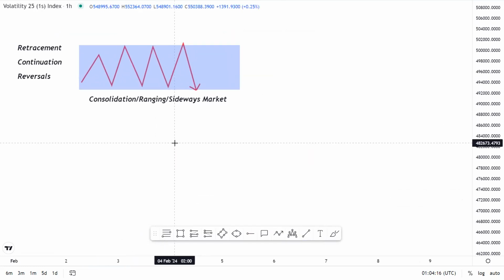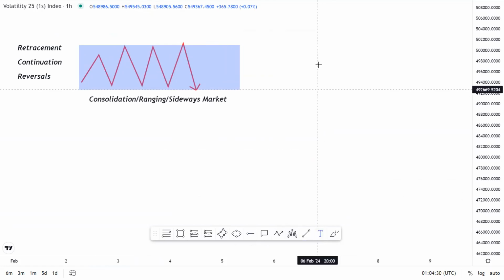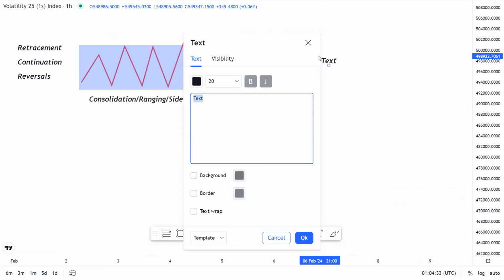And then the other very important market condition, which I love to trade and take advantage of more, would be the trending market. For the purpose of today's video, I will be paying attention to the trending market.